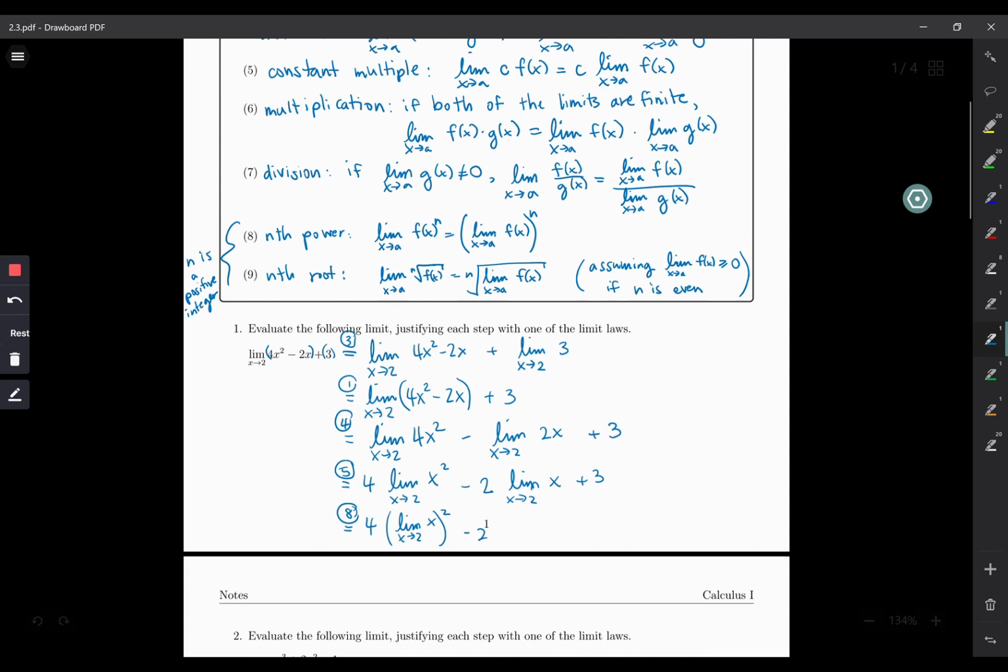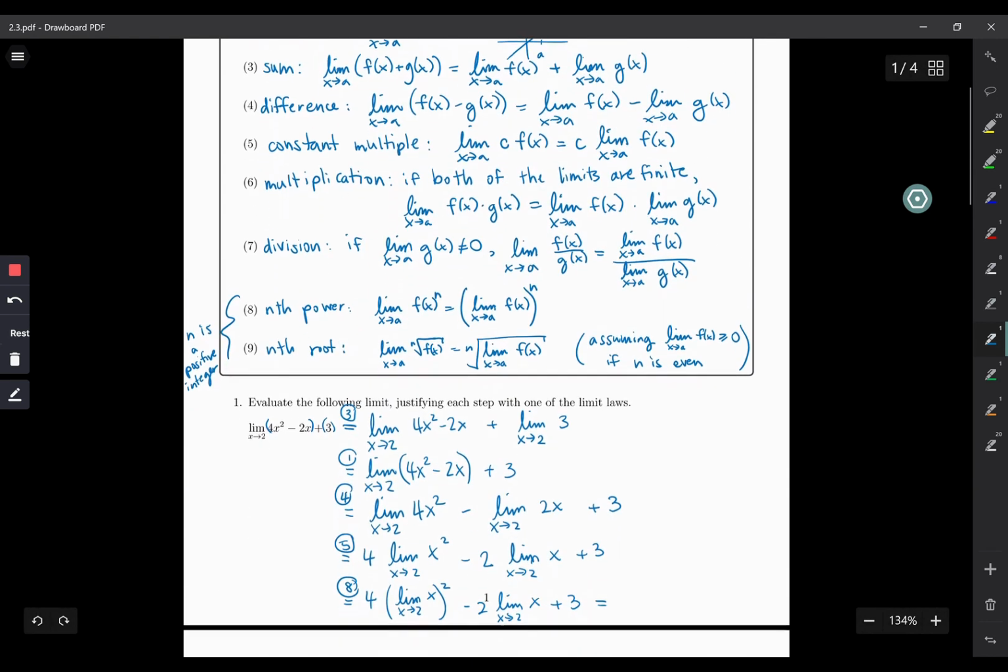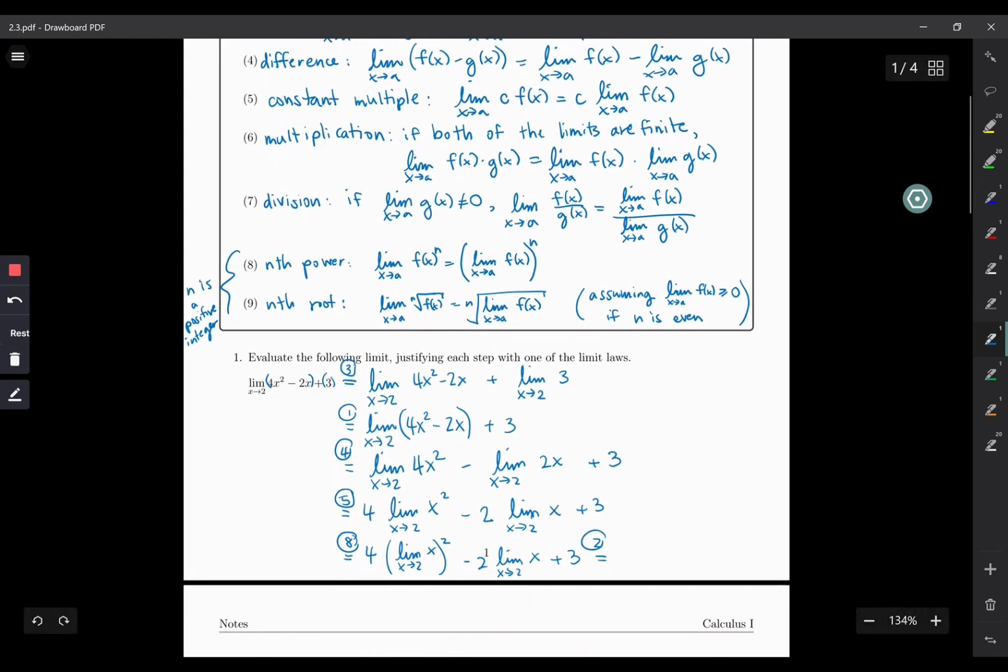I'm going to leave that one alone for now, so the rest just stays the same. And now we have limits of just the function x, so using the second law, that is equal to 4 times 2, squared, and then we get 2 times 2 plus 3.